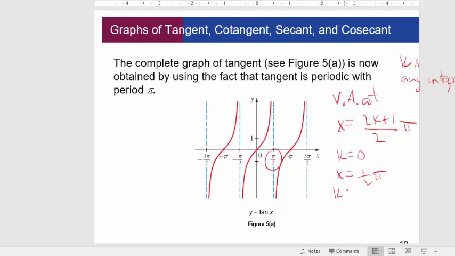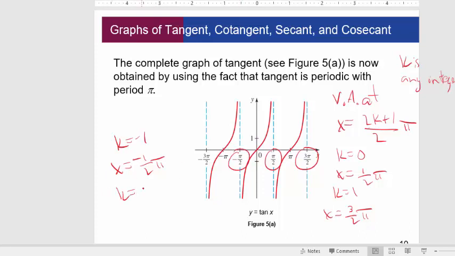When k equals 1, it's actually 2 times 1 plus 1, which is 2 plus 1, which is 3 over 2 pi. And that would be 3 pi over 2, right? When k equals negative 1, it's actually negative 2 plus 1, which is negative 1 over 2 pi. And that's that.